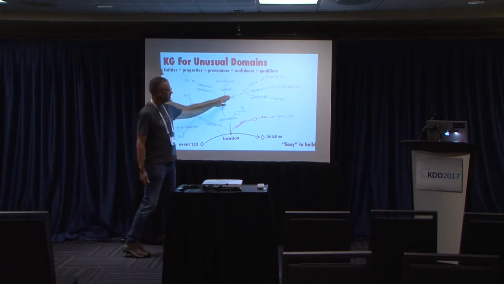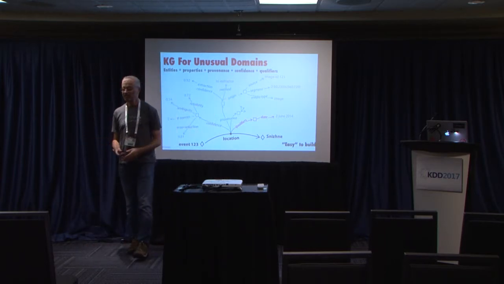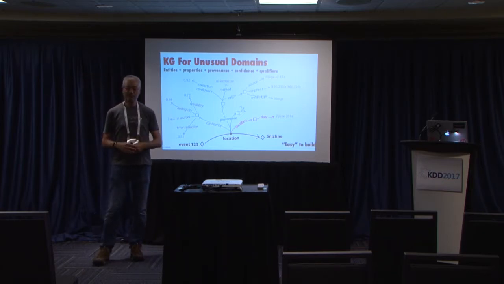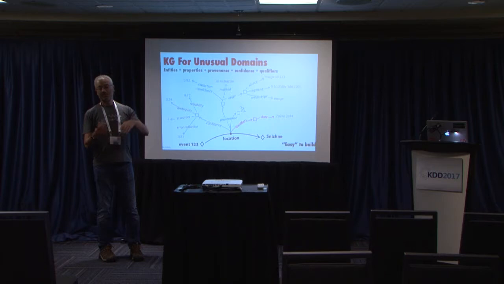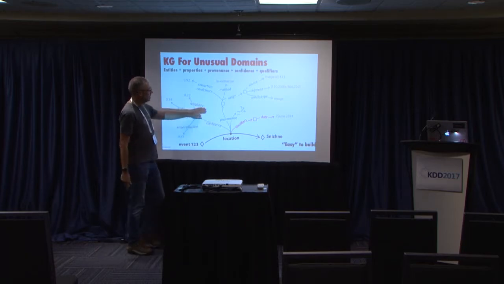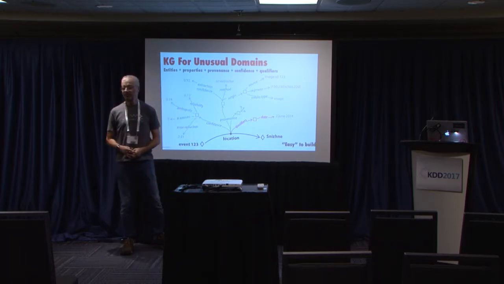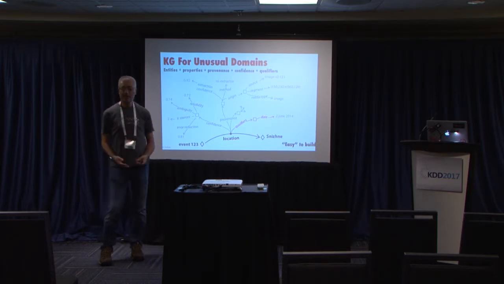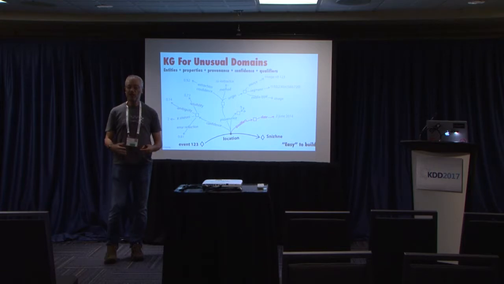Even if we cannot do it exactly, some extractors are not going to give you the offsets in the HTML page, but at least I know it came from somewhere in this page, or I think it came from these words in this page. We record the method that was used for extraction, because then we can use machine learning to figure out which methods work better in which contexts.